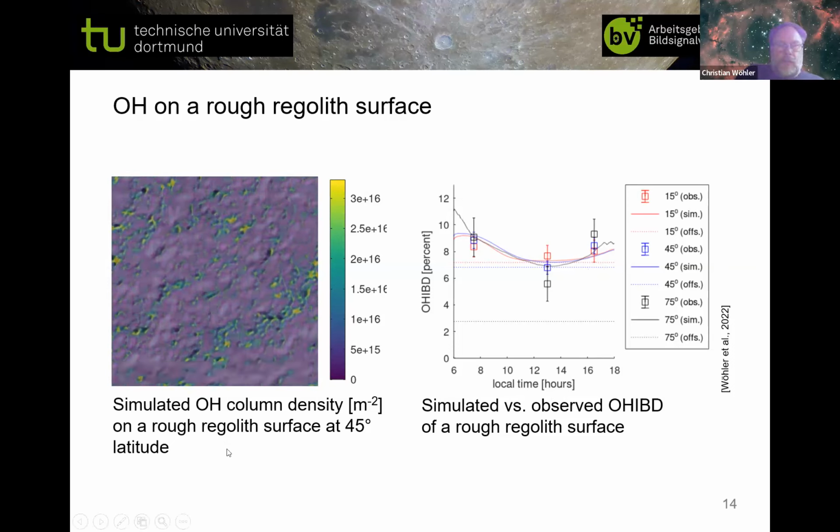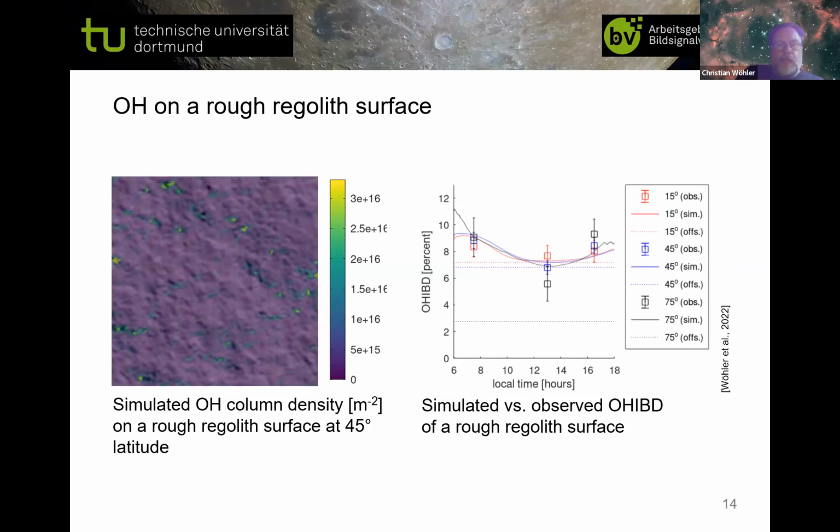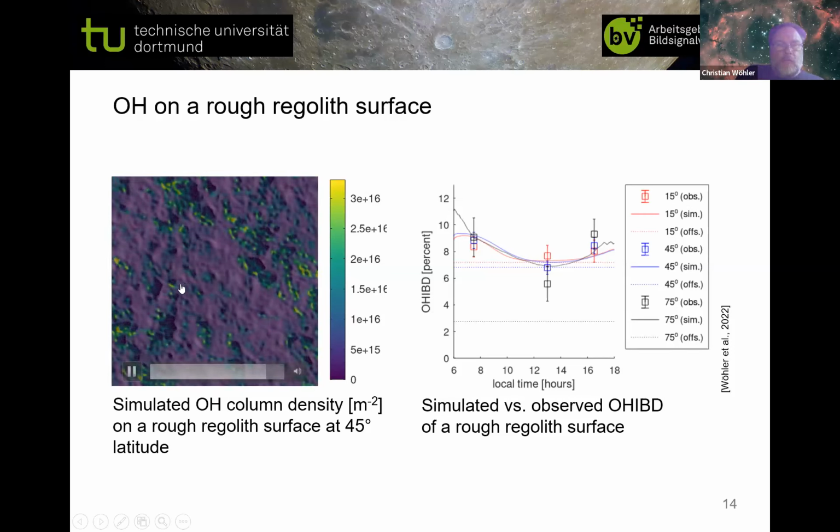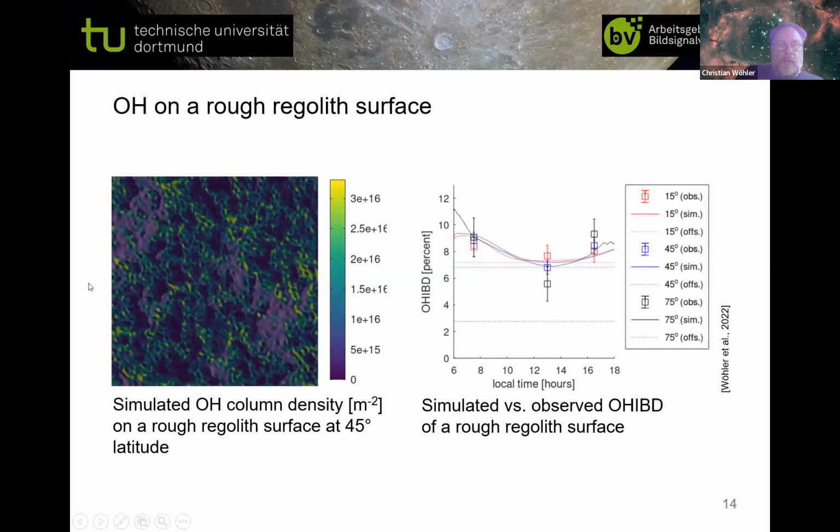On the left-hand side, you can see a movie of how the simulated OH column density behaves on a rough regolith surface at 45 degrees latitude. Now it is afternoon, the sun goes down in the west, you see the shadows, and then comes the night.